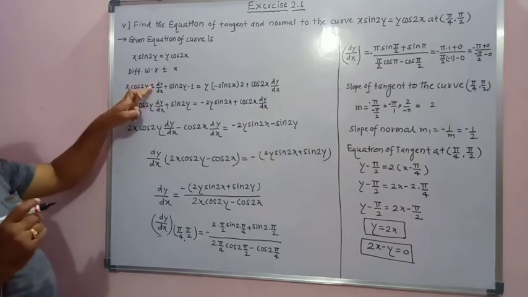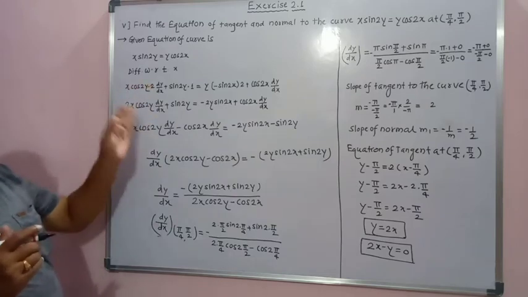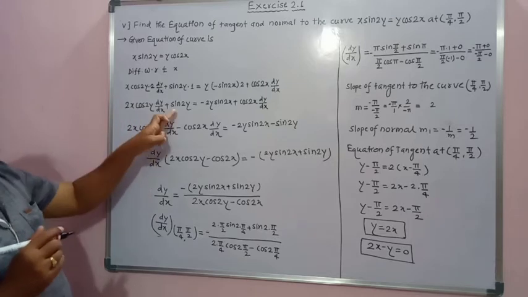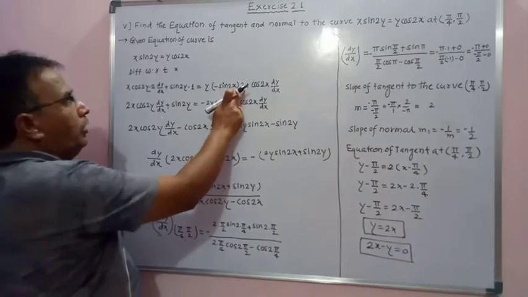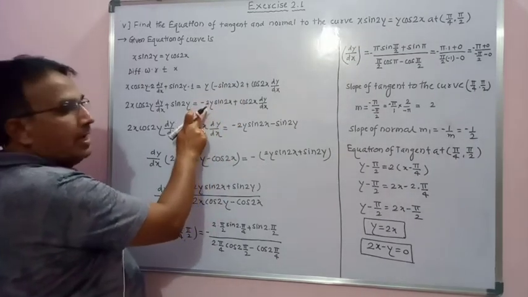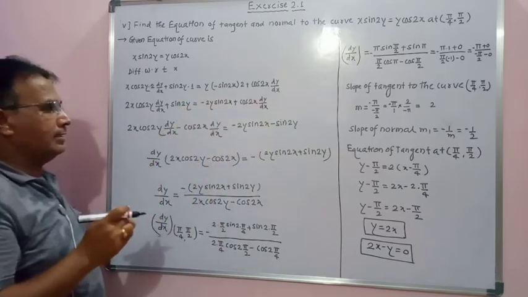Therefore, 2x into cos 2y into dy by dx plus sin 2y into 1, that is sin 2y, equals 2 into y, 2y, with a minus, 2y into sin 2x plus cos 2x into dy by dx.